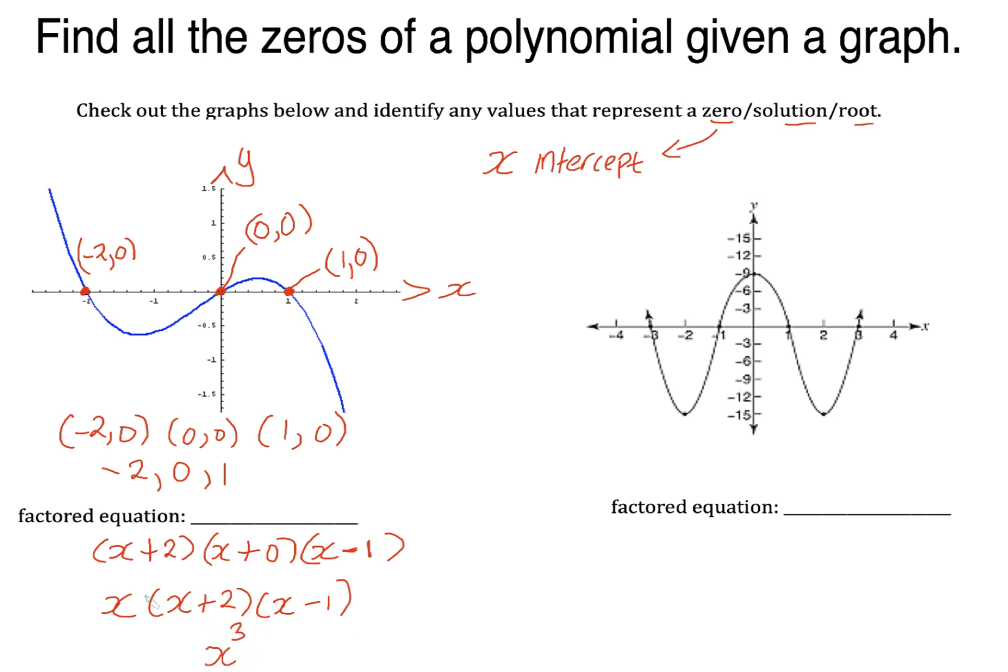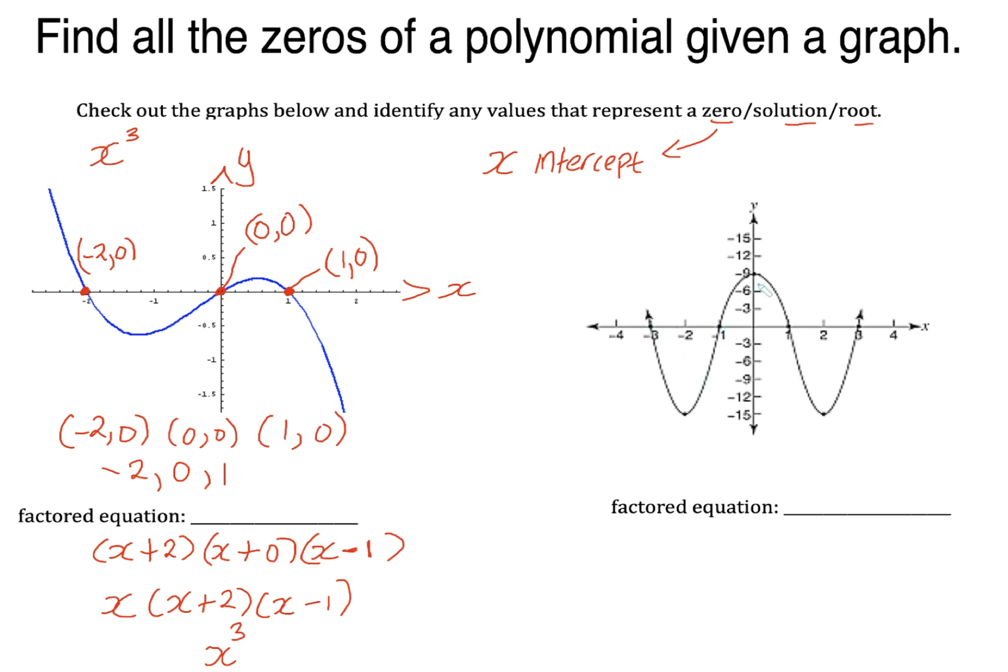I'm not going to multiply, but because you have 3 zeros, this indicates that this function would be an x to the third function. So your zeros tell you how many solutions you have, and also your greatest exponent.